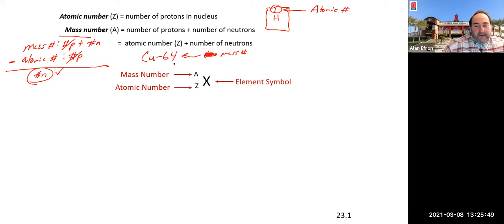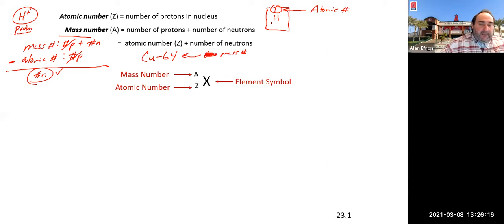Everybody else has protons, electrons, and neutrons. That's why when we talked about acids and bases, H+ is referred to as a proton: to become positively charged, it had to lose its electron, and that leaves only a proton.